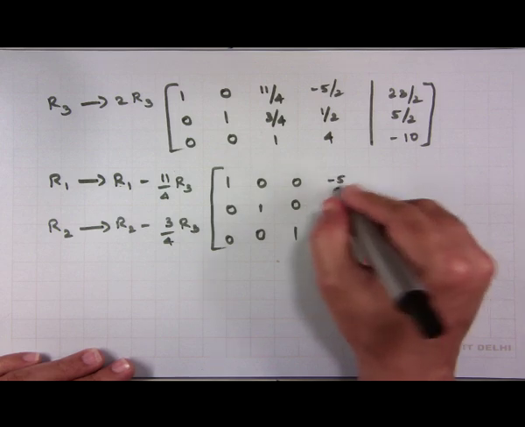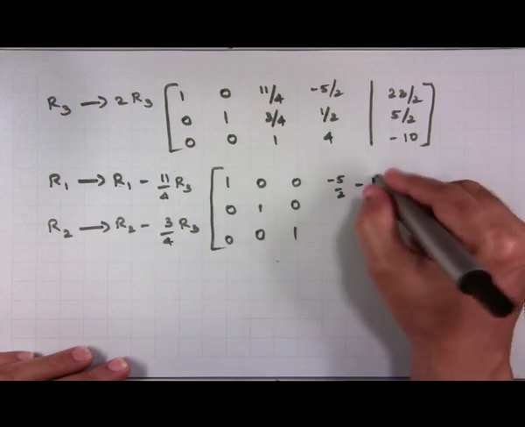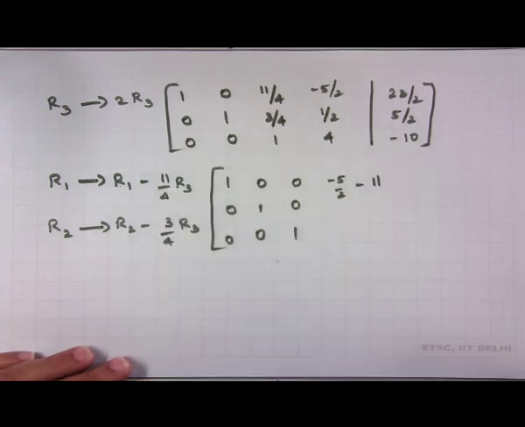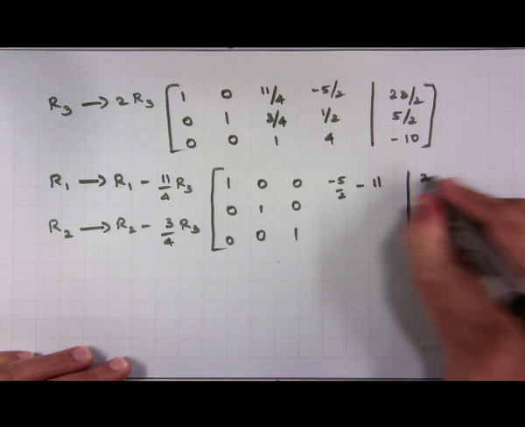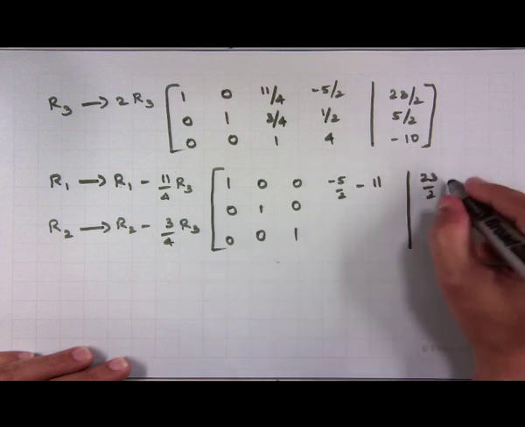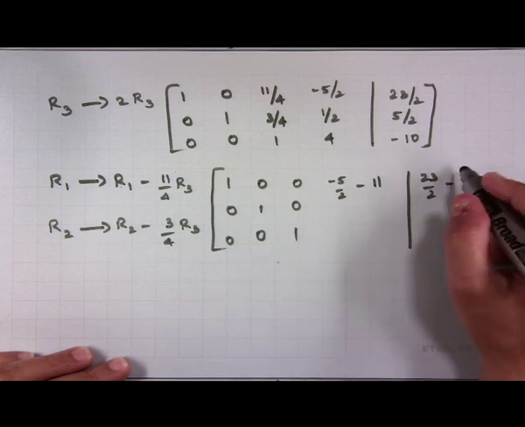Minus 5 by 2, minus 11, because you have 11 by 4 into 4, which is just 11, 23 by 2, minus 11 by 4 into minus 10.